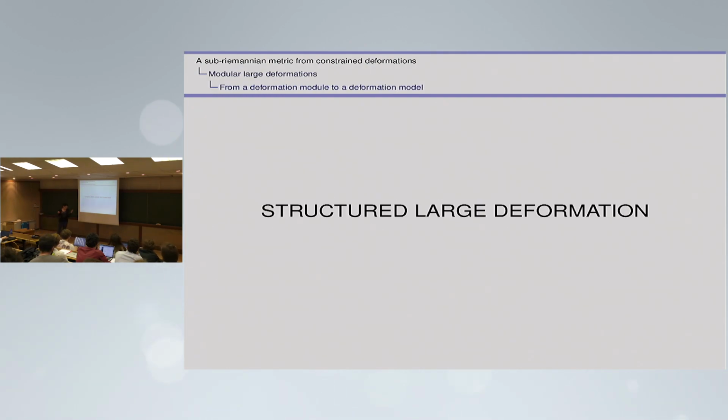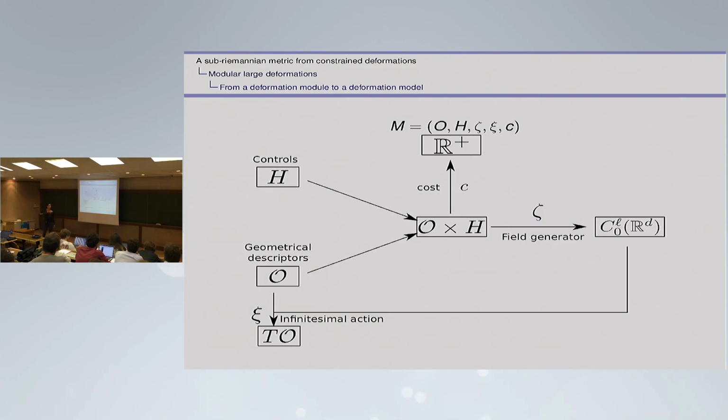So with this idea, you can build, as I said, complex deformation modules that incorporate complex priors at the level of vector fields. But as I said, we want to build large deformations that are built as flows of trajectories of vector fields. So this is a space of vector fields.